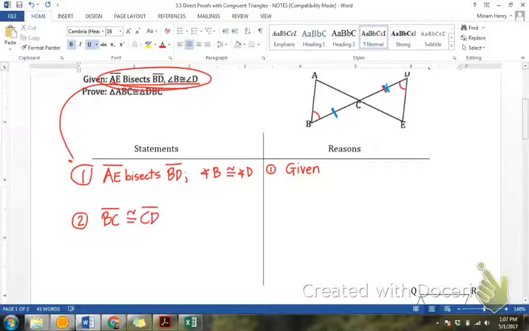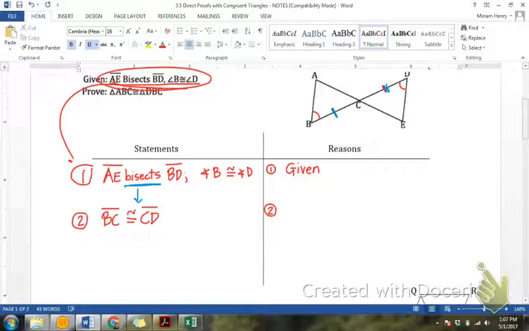Because even though it says that it bisects, if I don't know what bisect means, then you're going to be even more specific and tell me, okay, well, bisect means that these two pieces are congruent to each other. So then reason number 2, we have to think about, why did we know that those two segments were congruent to each other? Because it was bisected, right? It told me it was bisected.